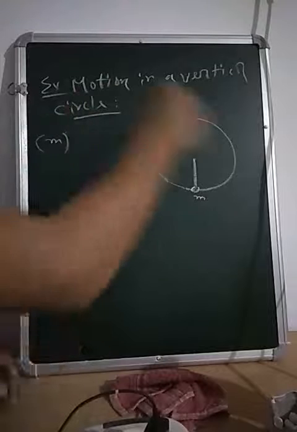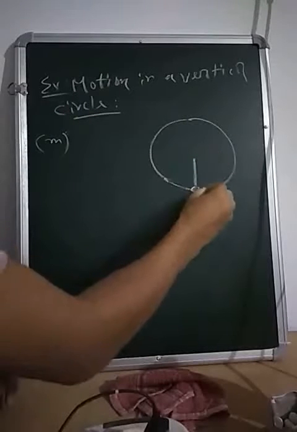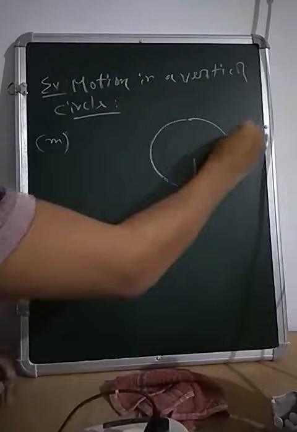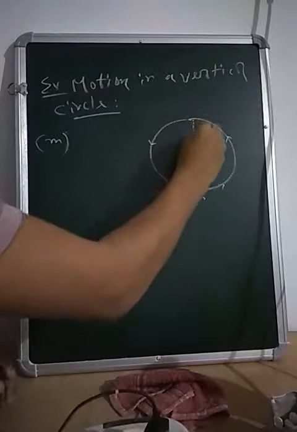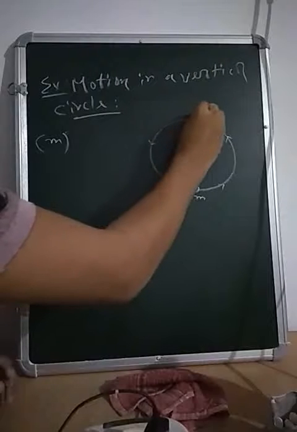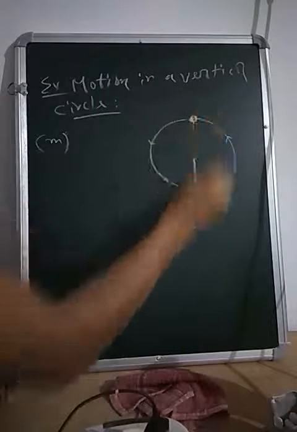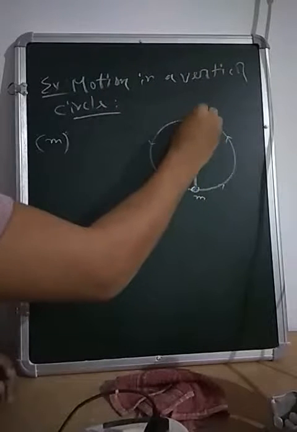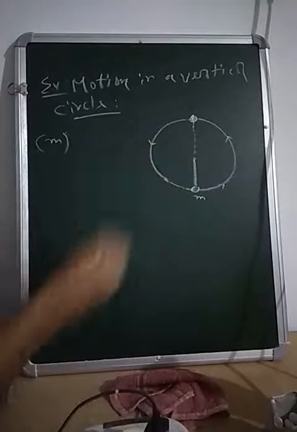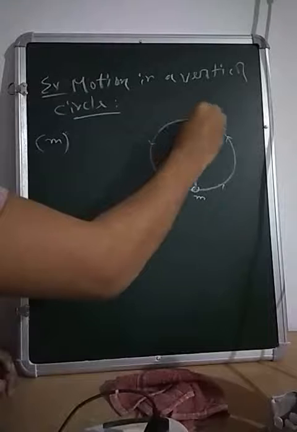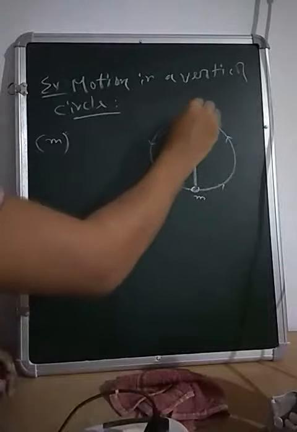So what happens? You have rotated this in this way. At some instant, the position of this mass will be in the vertically opposite direction. At a certain instant, the position of this mass will be here.